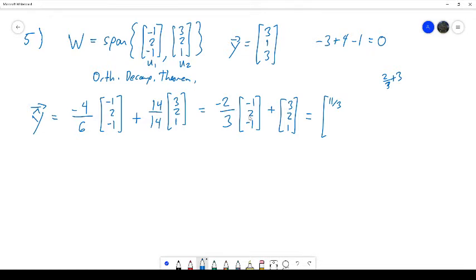Then we have here -4/3 plus 2, which is -4/3 plus 6/3, so that would be 2/3. And then 2/3 plus 1 would be 5/3.